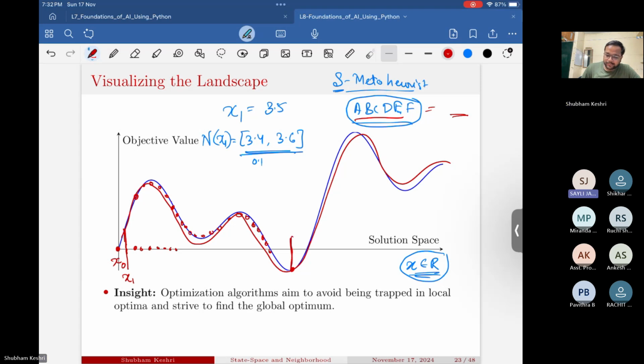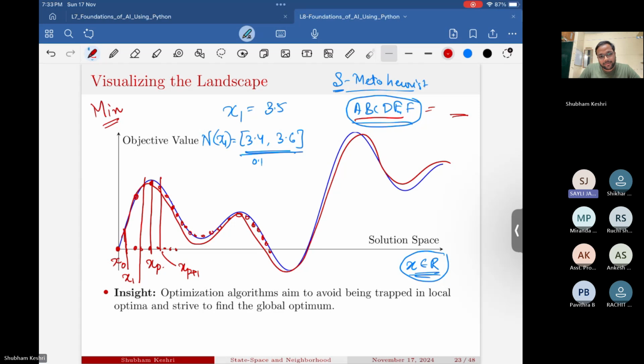First peak. Okay, this one, xp. For the very next nearest neighborhood, let that be xp plus 1. The value of xp plus 1 is less than xp, correct? First, tell me, is it a maximization problem or a minimization problem? Minimization. Had it been a maximization problem, then the search would have stopped at x1, correct?